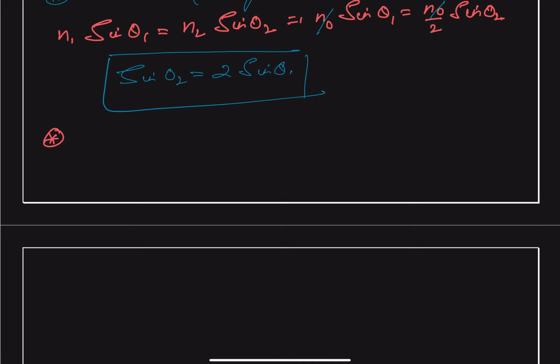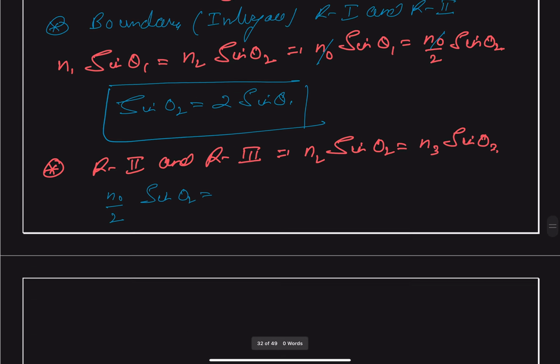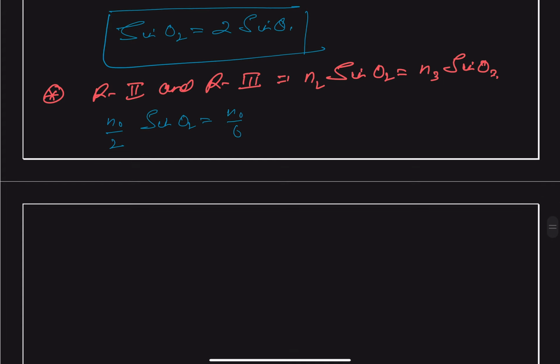So now at the interface of region 2 and region 3, we can write that n2 sine of theta 2 is equal to n3 sine of theta 3. We substitute the values. n2 is n0 by 2, sine of theta 2, is equal to n0 by 6 sine of theta 3.